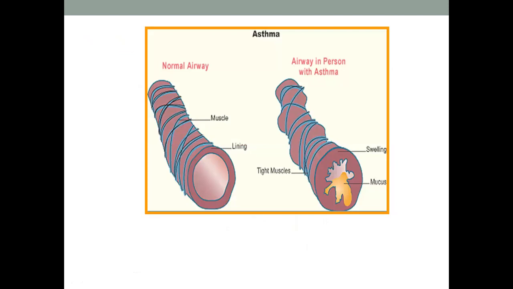Here in this image, on the left side, this is the normal airway. On the right side, this is the airway in an asthma person. Here you can see the lining of the airway wall is smooth on the left side in the normal airway. This is smooth, while here this is irregular. So there will be irregularity in the lining of the airways.